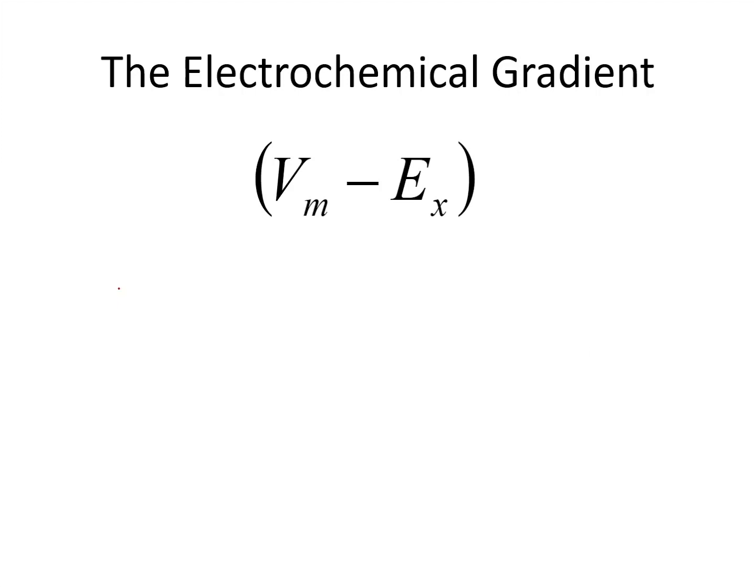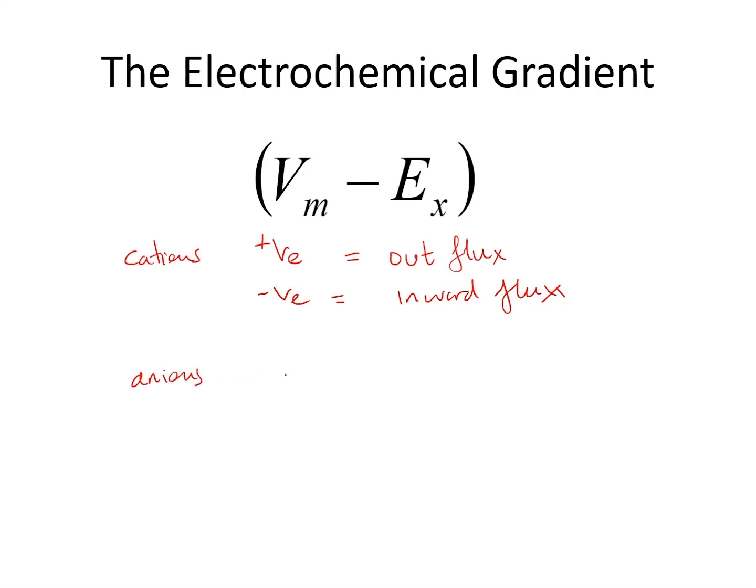By convention for cations, a positive value of this equation is an outward flux or an outward current, and a negative value will give you an inward flux or an inward current. And for anions, the reverse would be true: a positive value implies an inward flux and a negative value is an outward flux.